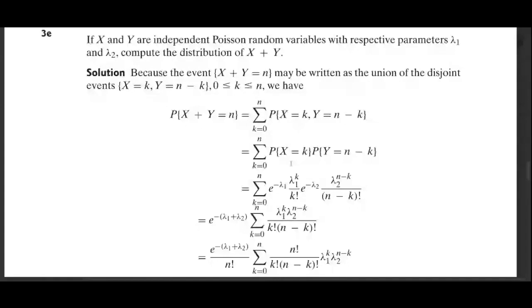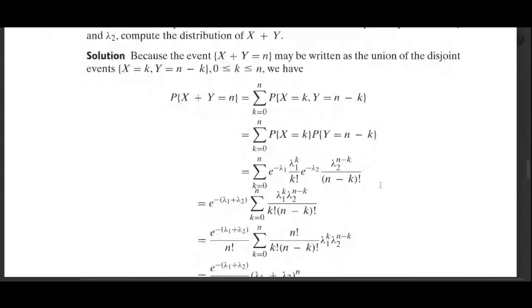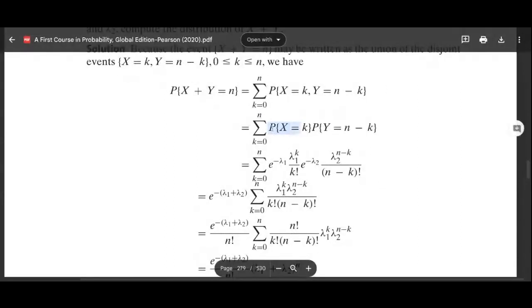Because they are independent, that is this product. And with the Poisson distribution, P of X equals k is this, and Y equals n minus k is this.